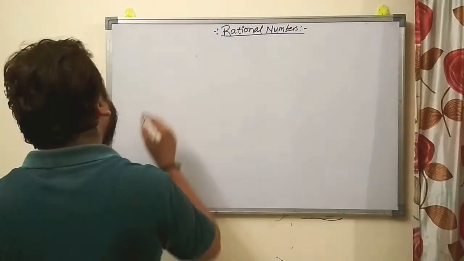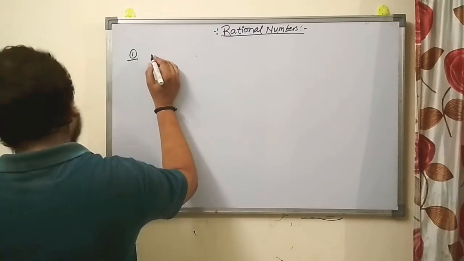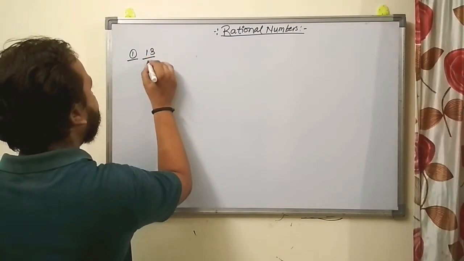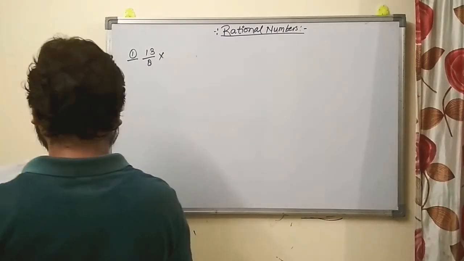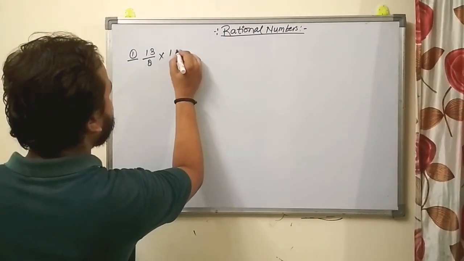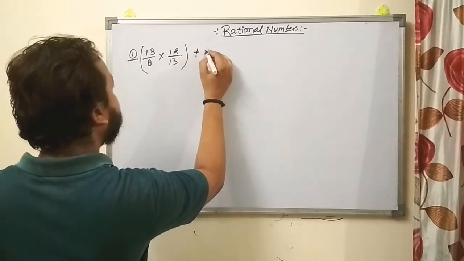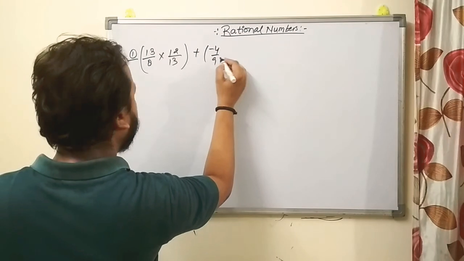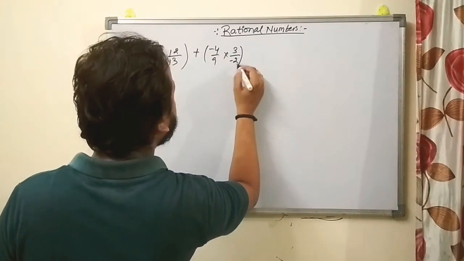I am taking the first question, that is 13 by 8 multiplied by 12 by 13 plus minus 4 by 9 multiplied by 3 by minus 2.